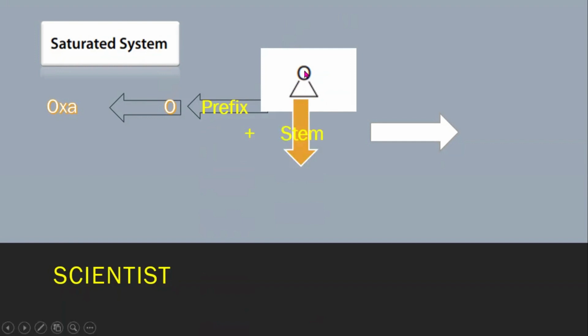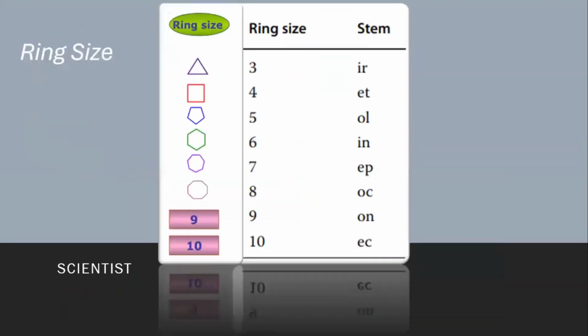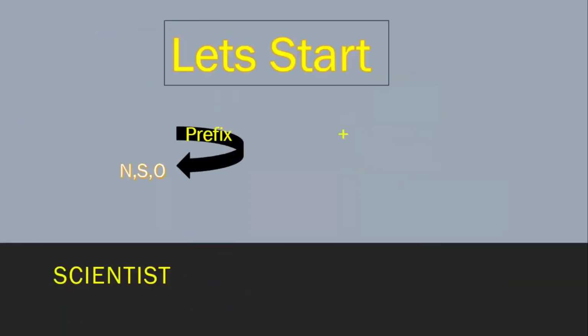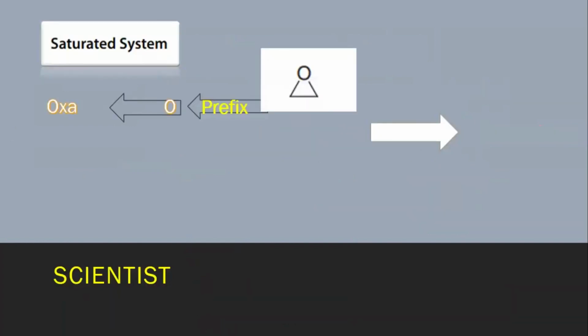A 3-member ring was called ir, so the stem should be ir. Last, the suffix. As I told you, if it is saturated and doesn't contain nitrogen, it should be ane.